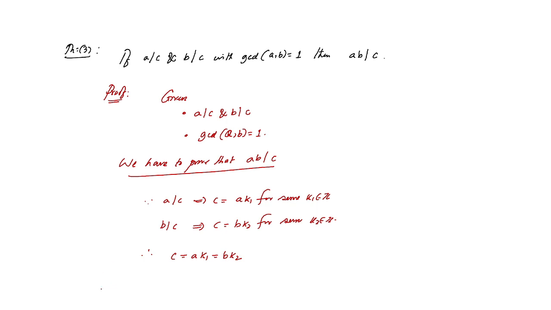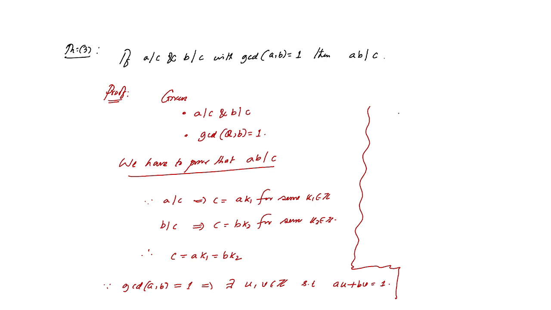Now, since GCD of A, B equals 1, that implies there exist integers u, v belonging to Z such that AU plus BV equals 1. Therefore, multiplying C on both sides, we can write C equals ACU plus BCV.